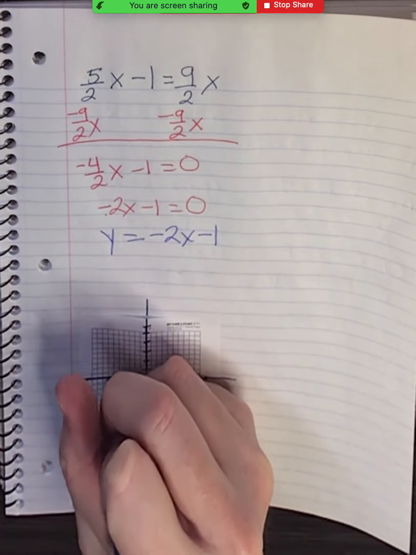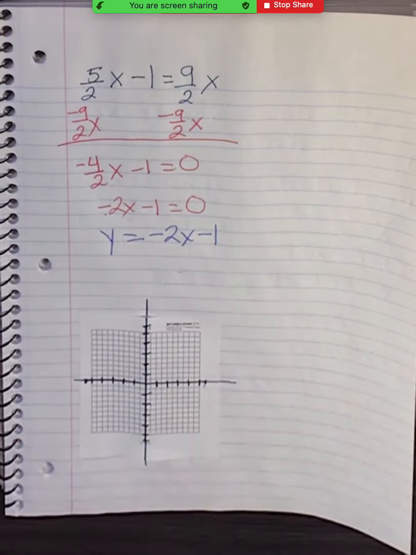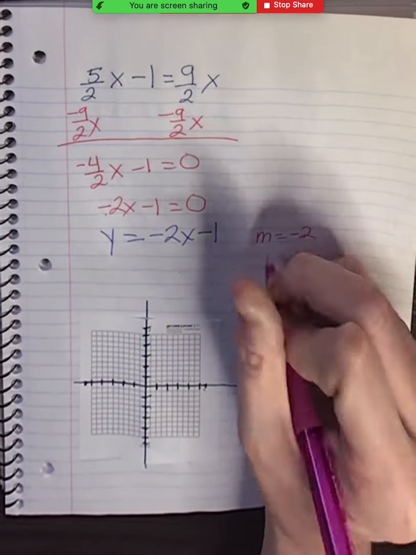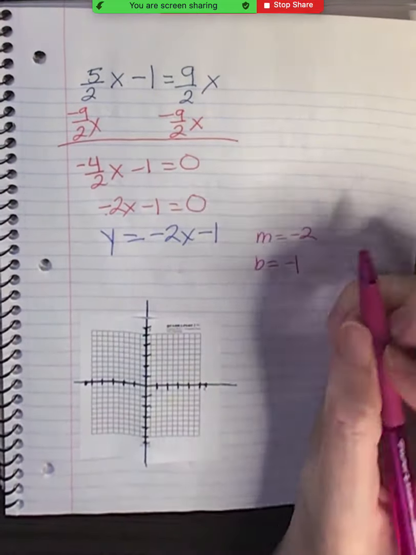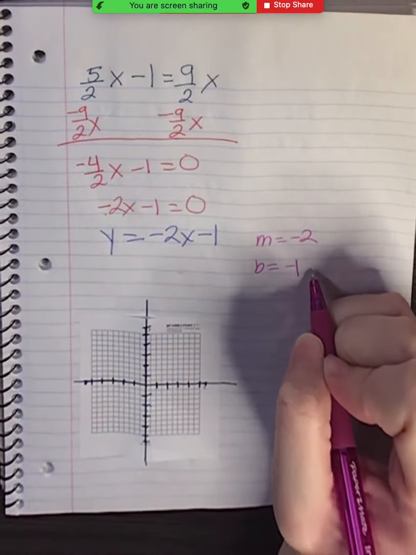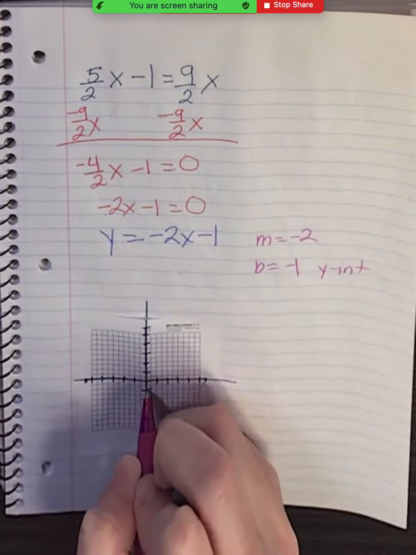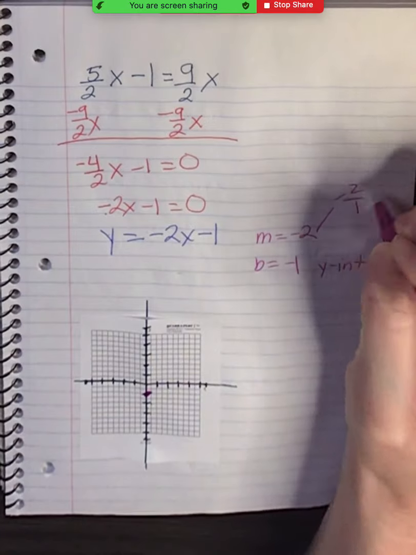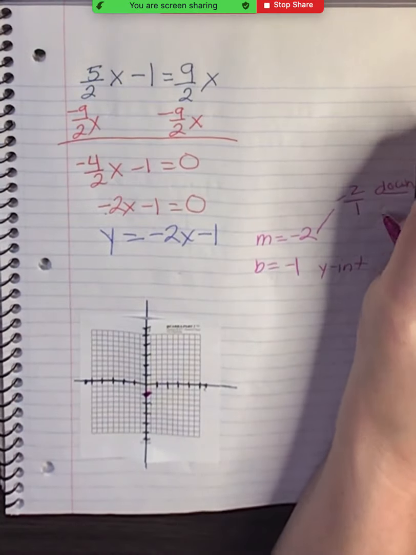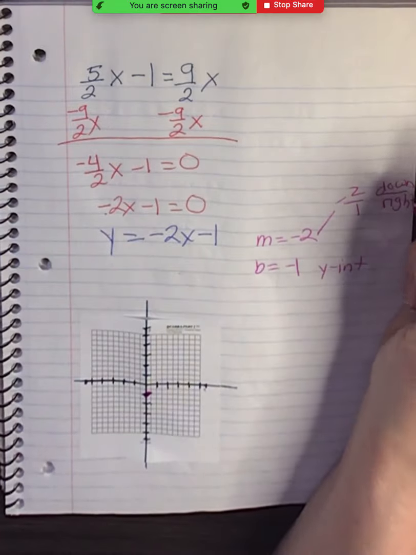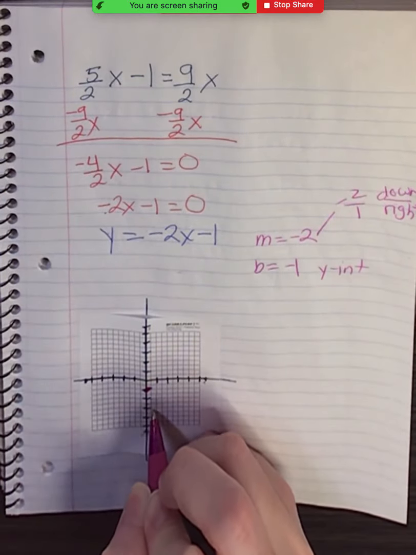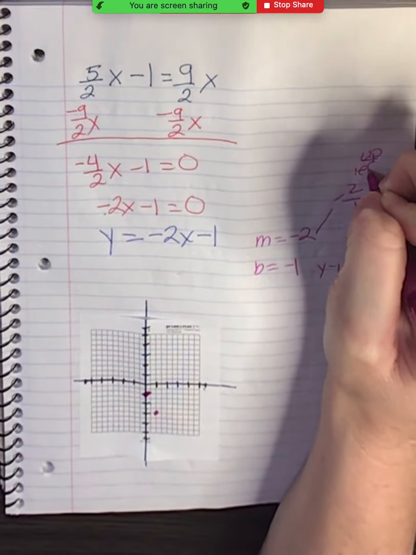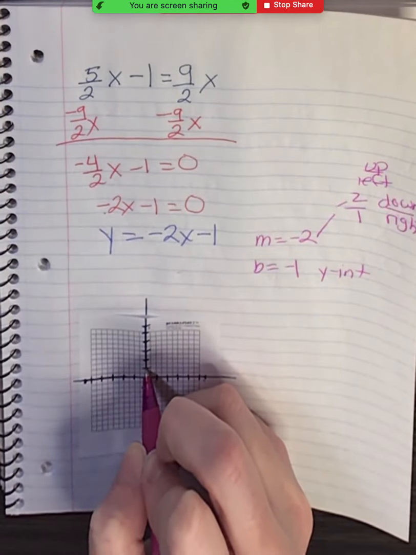All right, so looking at our equation, our slope is -2 and our y-intercept is -1. So we're going to graph -1 first as the y-intercept. So here we are. Then we're going to use our slope. That's -2 over 1. So we can go down and right to get negative. We're going to go down 2 over 1. Or you could go up and to the left to get negative. So up 2 over 1.